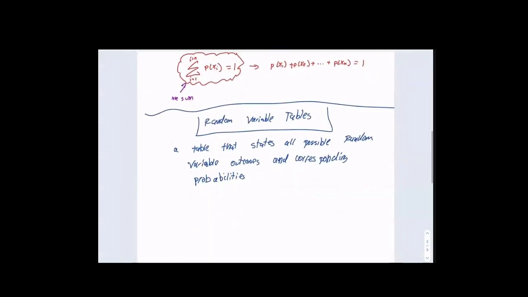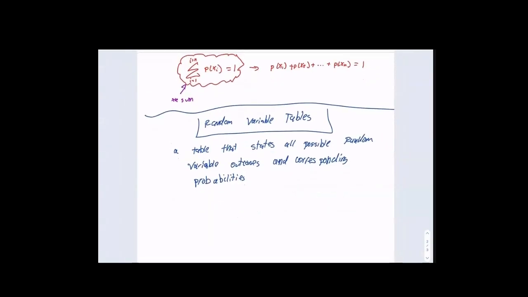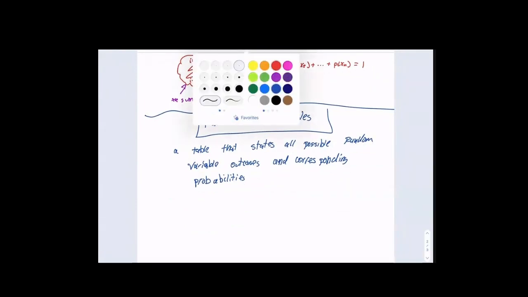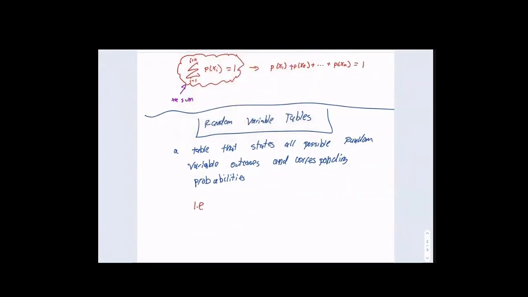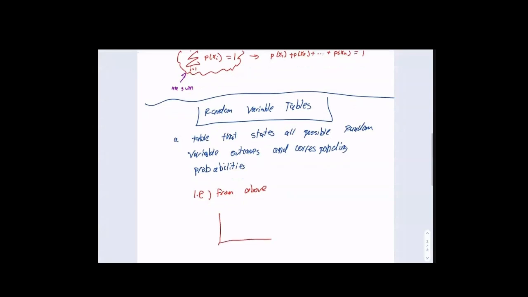And in some of your homework problems, you're going to be given this. So, for example, from above, the problem might look like this. Typically you go left to right, but it could be up and down. We have x, which are all of the outcomes, and then we have p of x, which is their probabilities. In this case, we had -1, 2, 8, and 6.